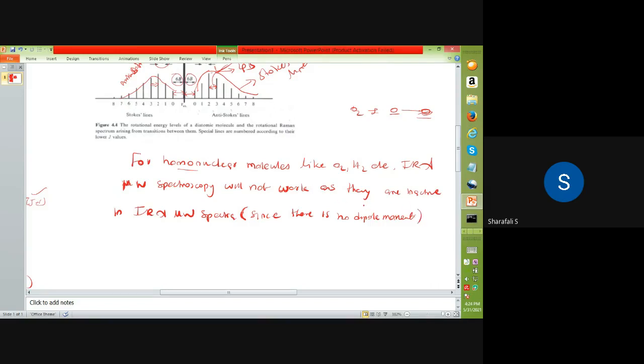Oxygen has the same charge on both atoms, so we cannot have equal and opposite charge, and they do not possess a dipole moment. So these molecules will not be active in IR. But these molecules are Raman active.